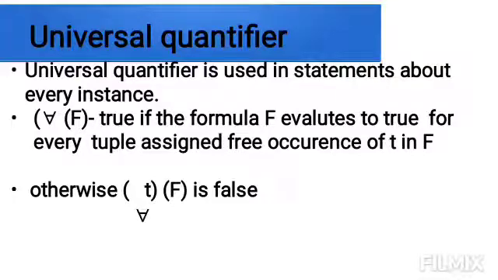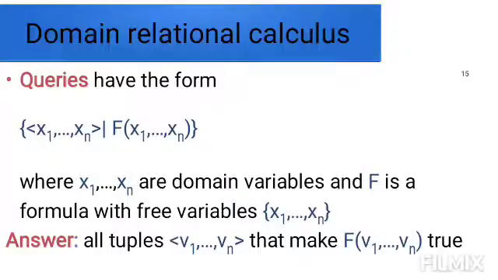In tuple relational calculus, we have variables that range over tuples and need a range relation for these tuples. Now we look at the domain relational calculus. In tuple relational calculus, we use variables that range over the tuples in a relation.